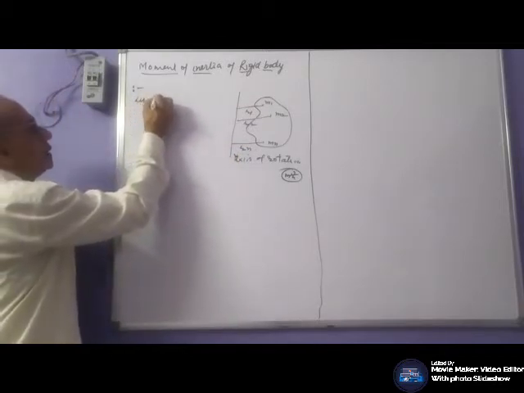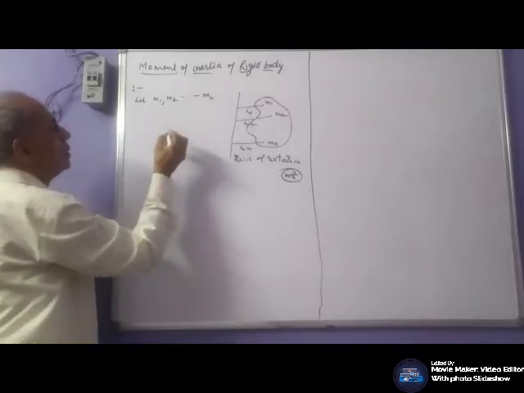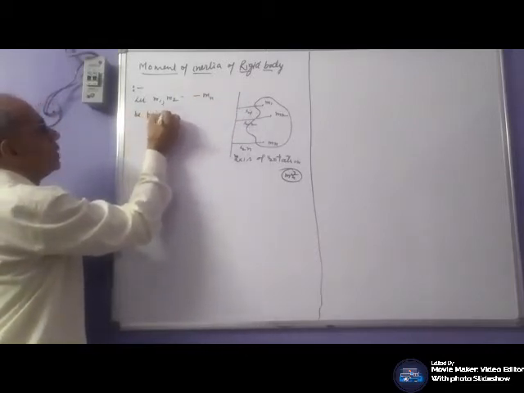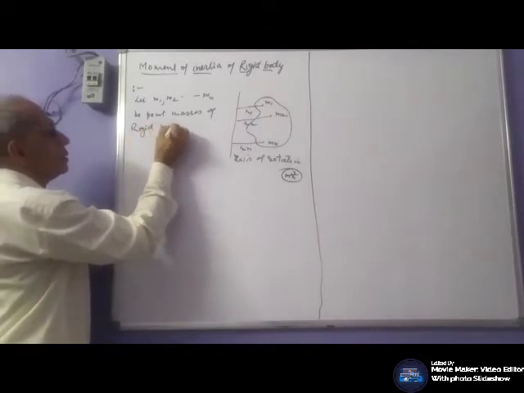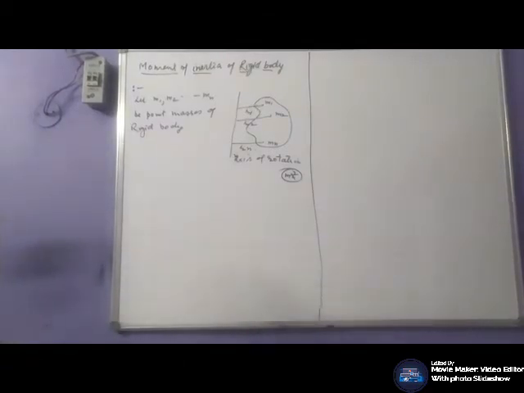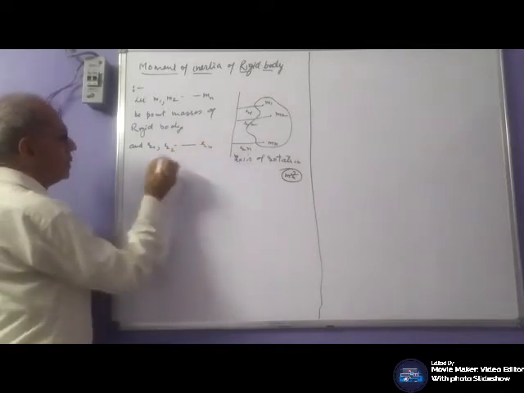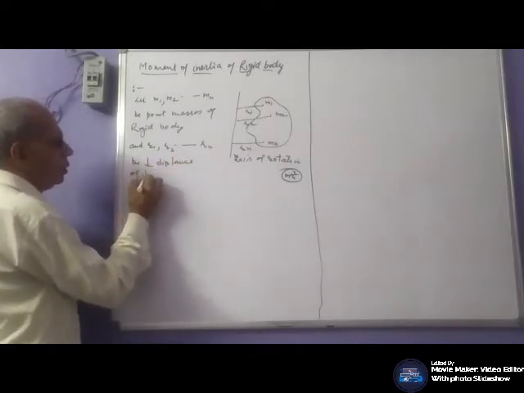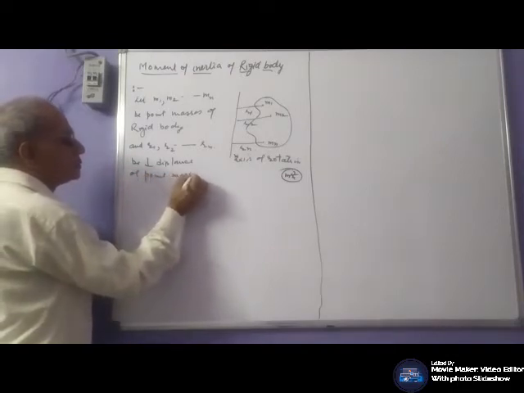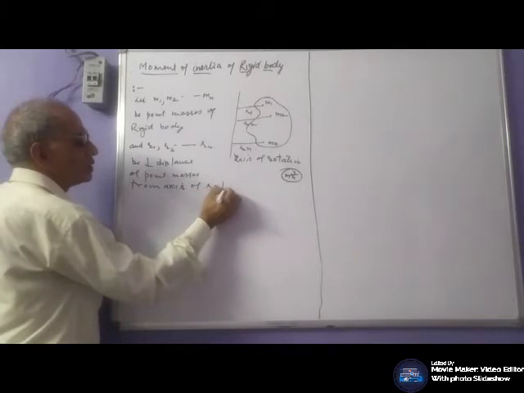Let m1, m2, mn be point masses of the rigid body, and R1, R2, Rn be perpendicular distances of the point masses from the axis of rotation.